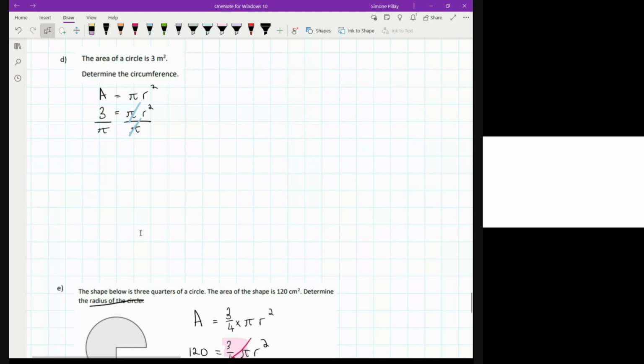I mean 95, sorry, 95. Hold on, let me check. 0,95, correct? Now you want to square root afterwards. 0,95 is equals to r squared. Now we want to square root, yes?